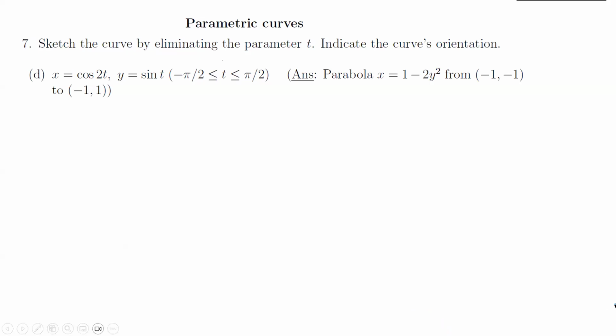Let's reason together. So the way we reason, we take into account a couple of things. X is cosine 2t. Y becomes sine t.